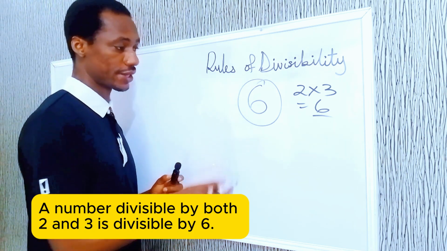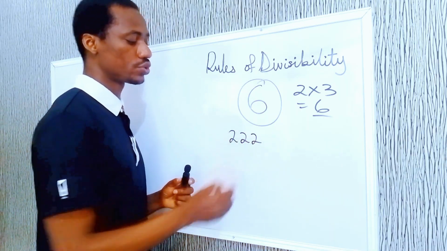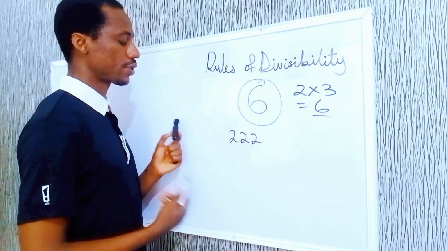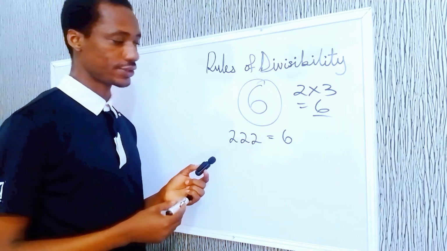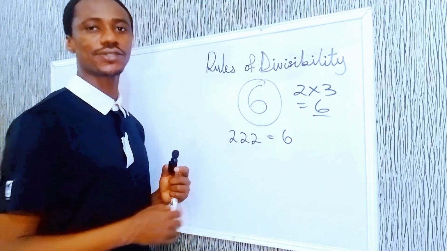So for example, 222 is an even number, and if you sum the digits together, you have 2 plus 2 plus 2, and that will give you 6, and 6 is a multiple of 3, right? So this number is divisible by 6.